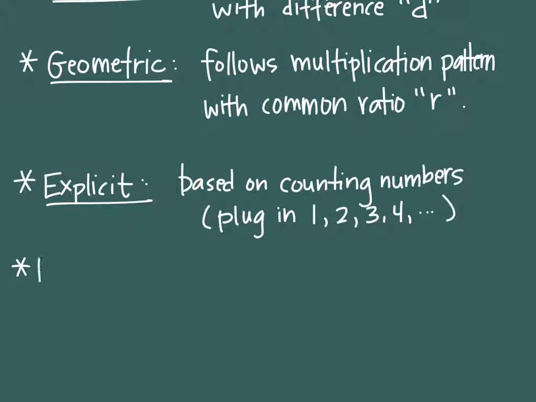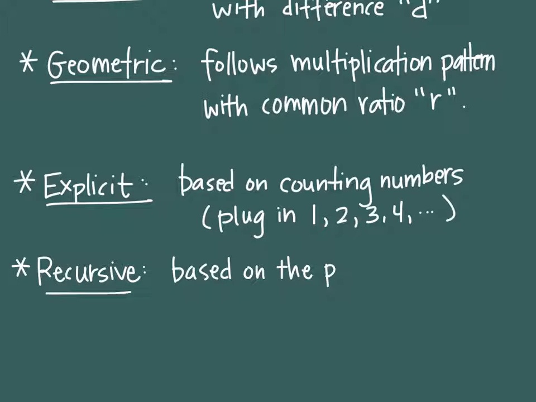And the other kind is recursive. Recursive sequences are based on the previous term. So you plug in the term before to get the next term, and then you plug in the term before that to get the next term, and that's called recursive.